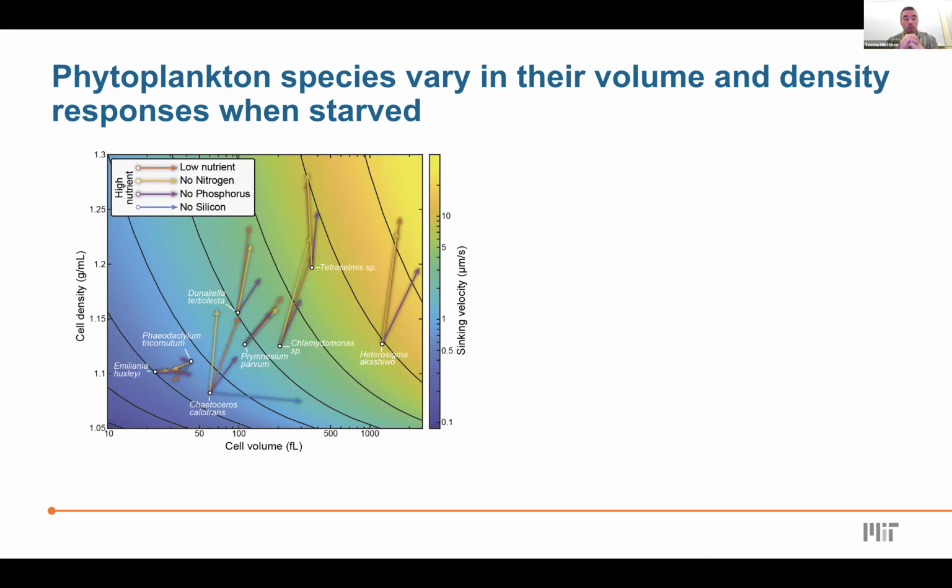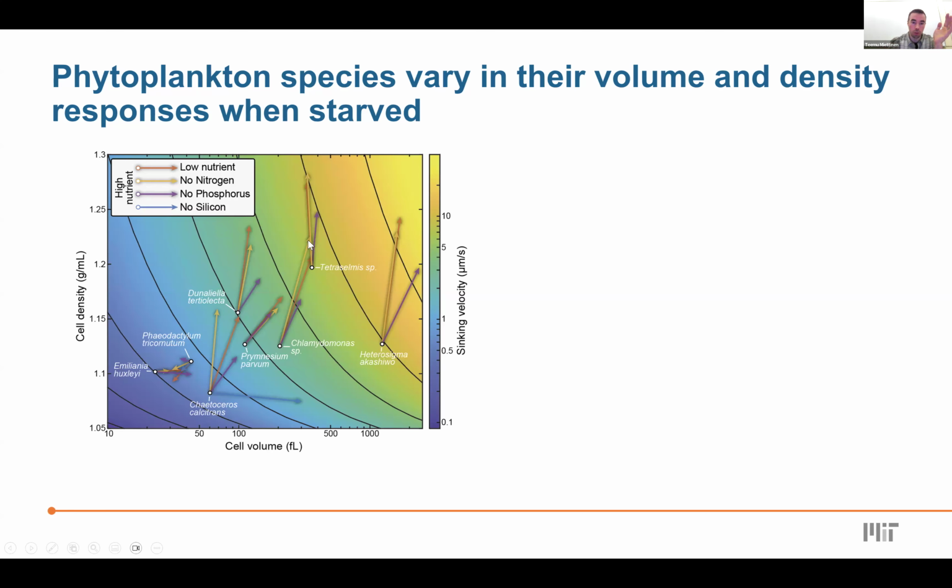In this graph on the left-hand side of the screen, the background coloring is the sinking velocity, plotted as a function of cell density and volume. The white dots are the high nutrient conditions for any given species. For example, if you see my mouse, there is the Chlamydomonas species, high nutrient condition shown as a white dot, and the arrows point to where the cells end up if we starve them for a given nutrient.